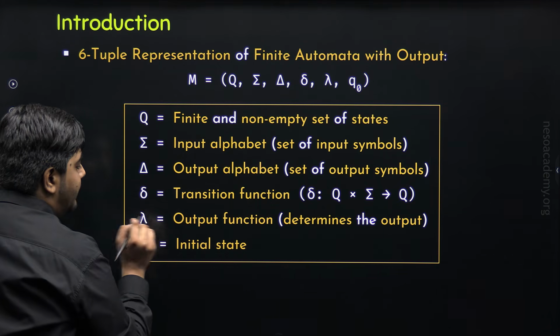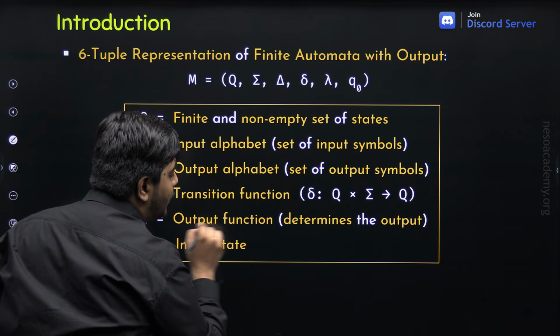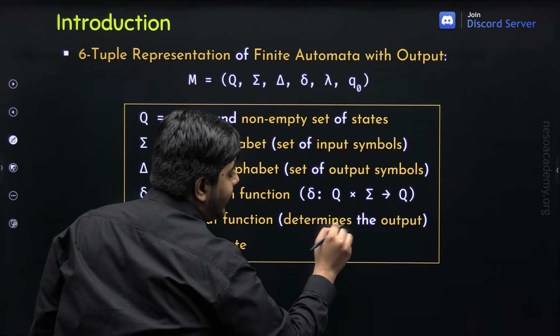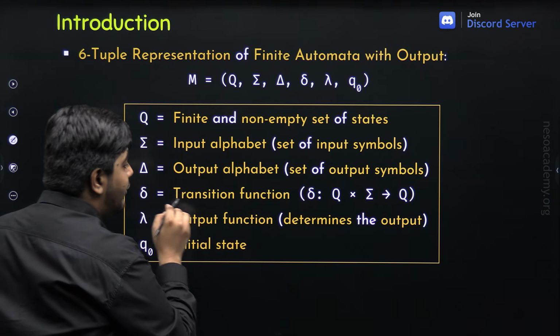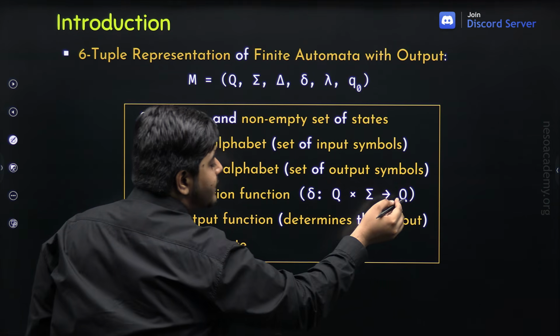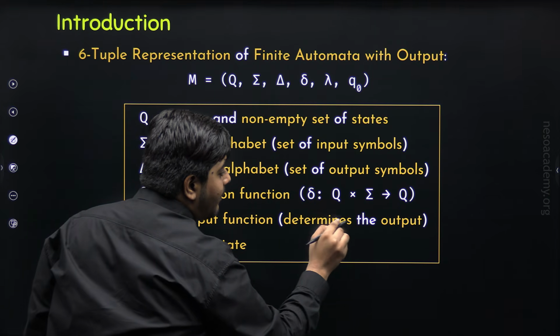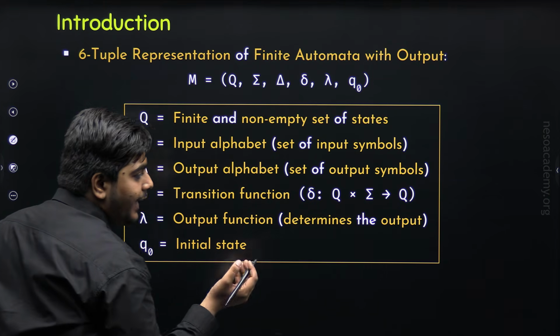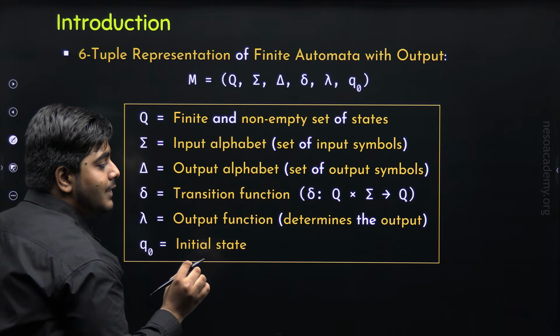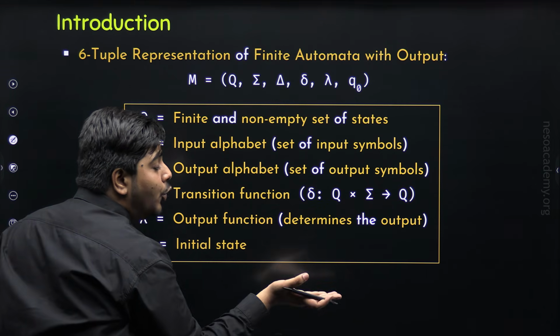Next we have lambda, which is called the output function. It determines the output. Like the transition function determines the next state, similarly, the output function determines the output that we will get. And it also tells us on what factors output depends.